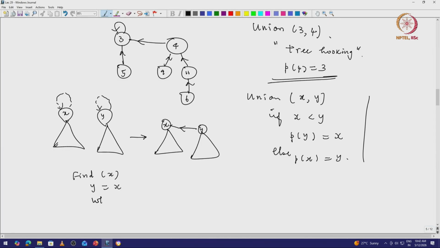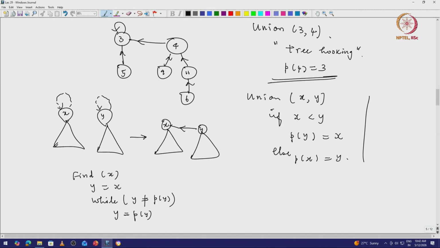While y is not equal to parent of y. If y equal to parent of y, that means you have reached the root. While y is not equal to parent of y, move y up, y equal to parent of y. Keep moving y up, y is updated to its parent.